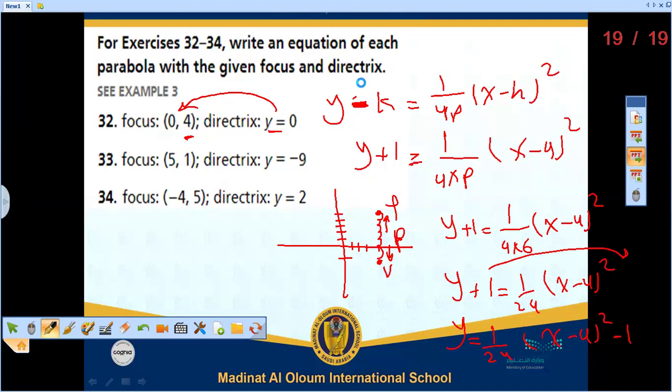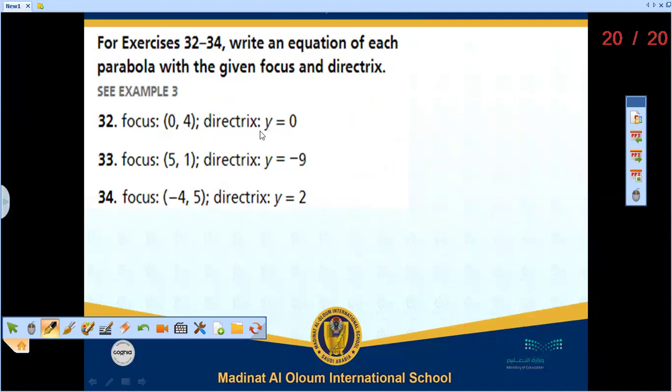Now, focus and directrix. He changed the strategy. Let us see, guys. My focus is 0, 4: run 0 and rise 4. This is focus. My directrix is y equals 0.